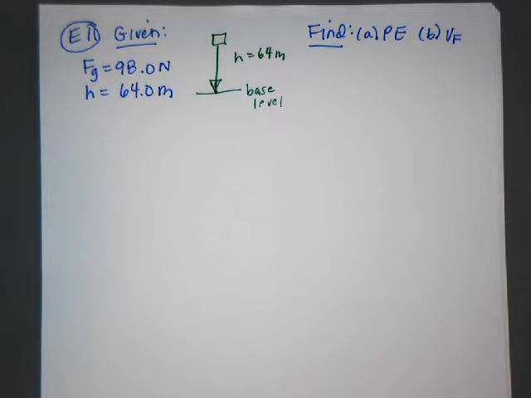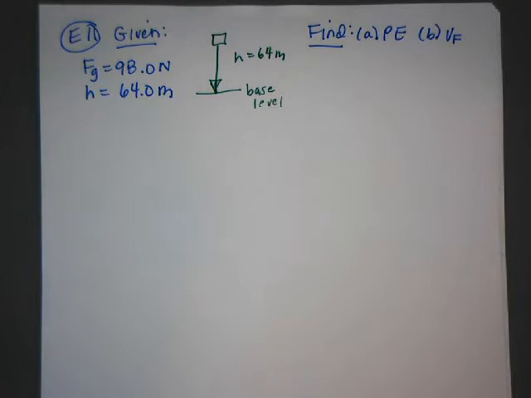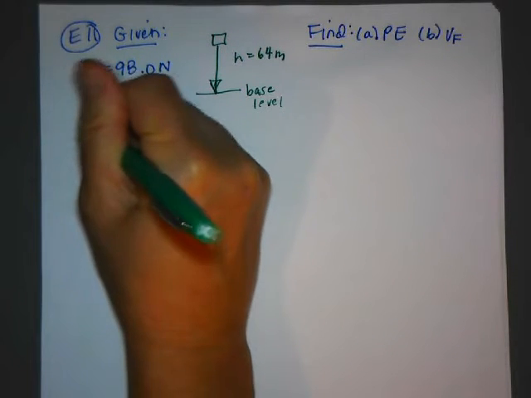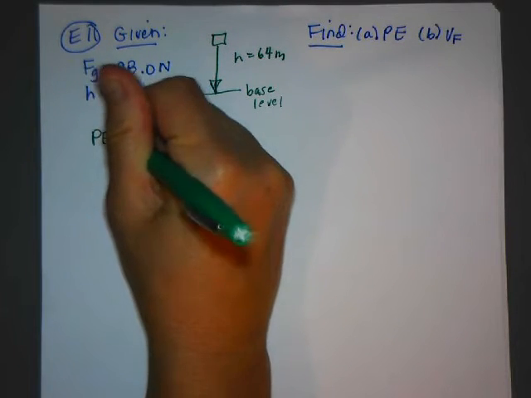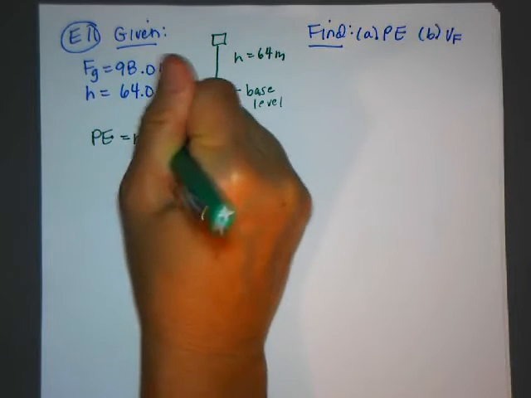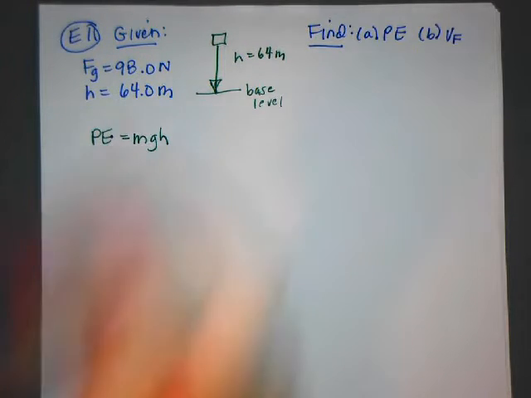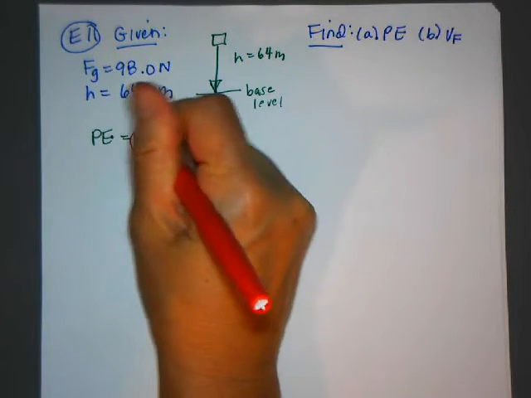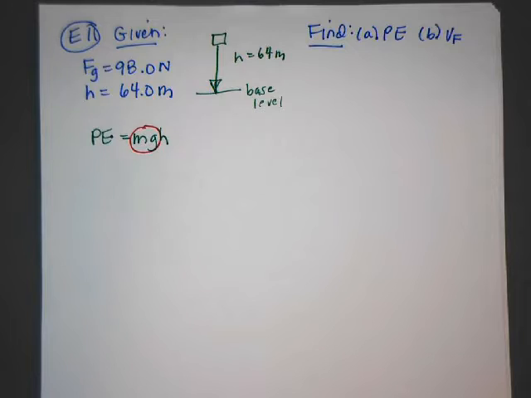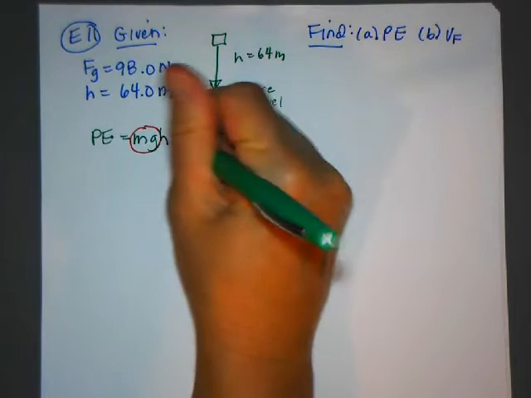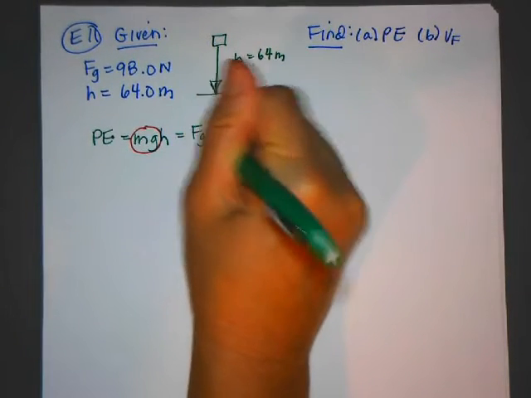So for part A, to find the potential energy, we know that potential energy is equal to mgh. And we know that mg is equal to the weight. So I can say F of G times h.